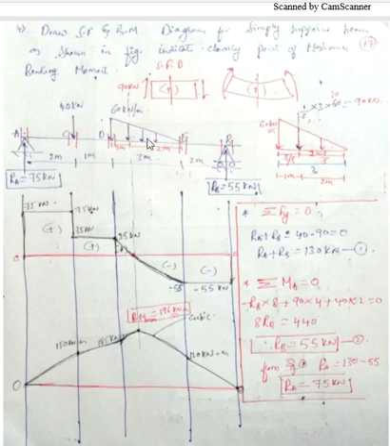The area of a triangle is given by half base, that is 3 meter over which it is acting, into height, that is the load intensity 60. So half into 60 into 3.